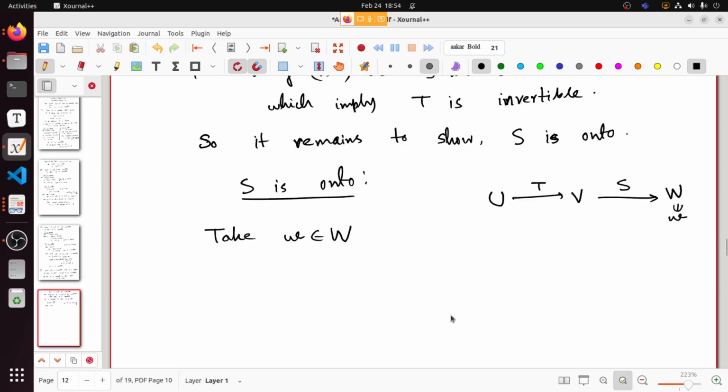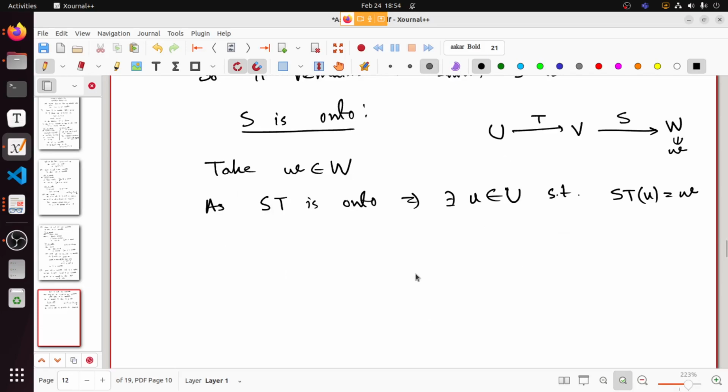Now you know ST is invertible. So as ST is onto, invertible means it's onto, there exists a small u in capital U such that ST of u is w, right? So what will be the preimage for w?